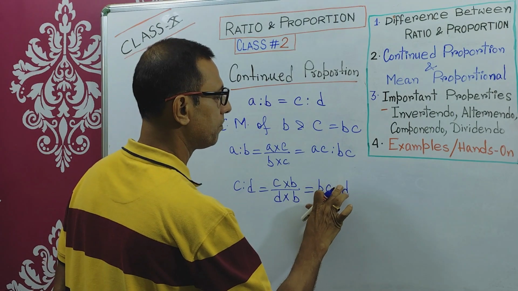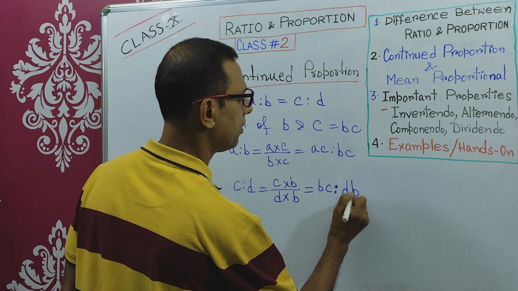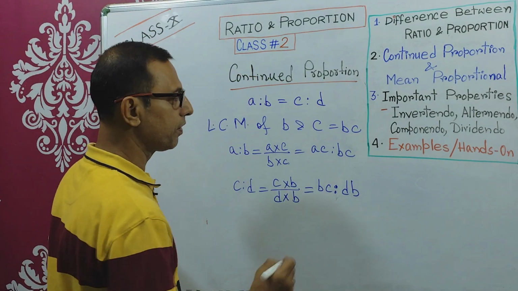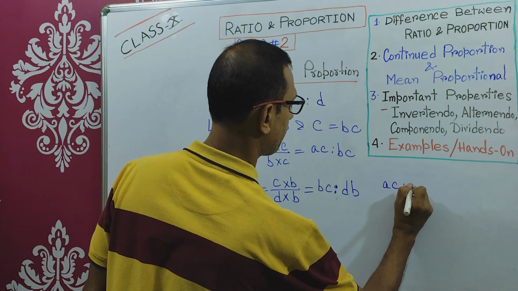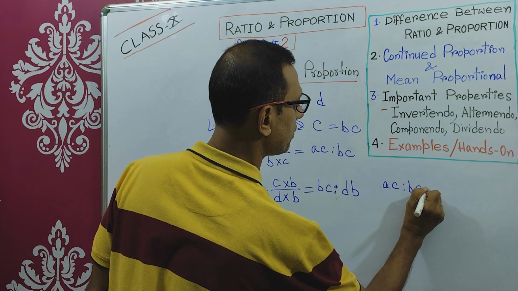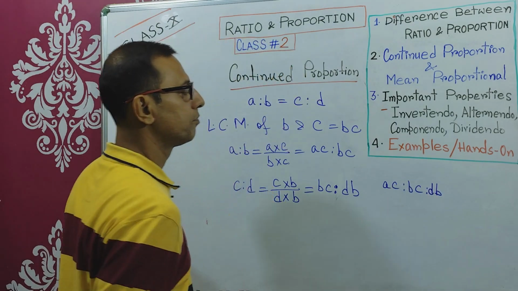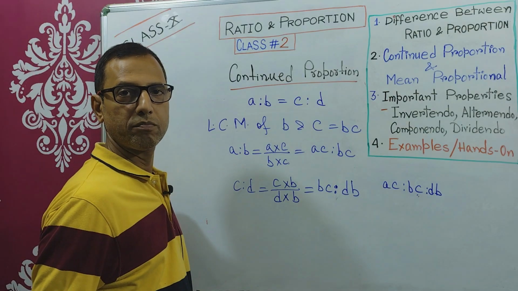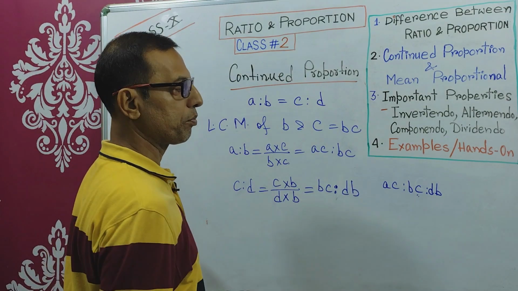So what is the continued proportion relationship? It will be AC is to BC is to BD, where BC is the mean proportional.